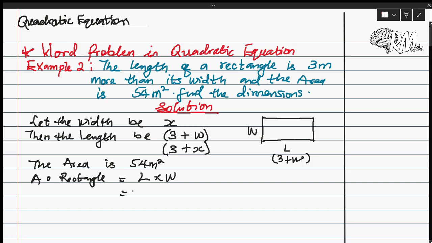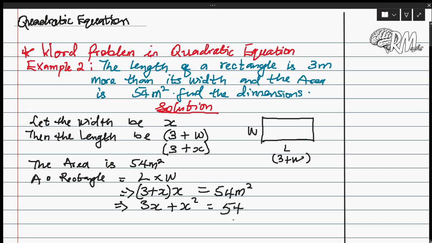So we have it as, remember my length is 3 plus x, then times my width, which is just x, and they said the area is 54 meter square, so equals 54 meter square. By doing this, I have x times 3, which is 3x, plus x times x, which is x square, equals 54 meter.